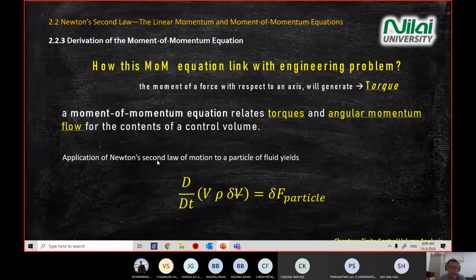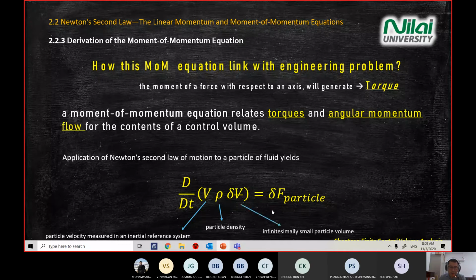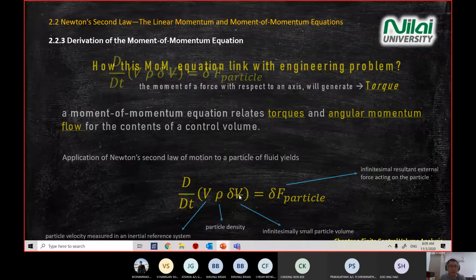On the left hand side, V, rho and V give you what happens in the control volume. This one is more on the velocity, particle, and this one is volume. This one is force.